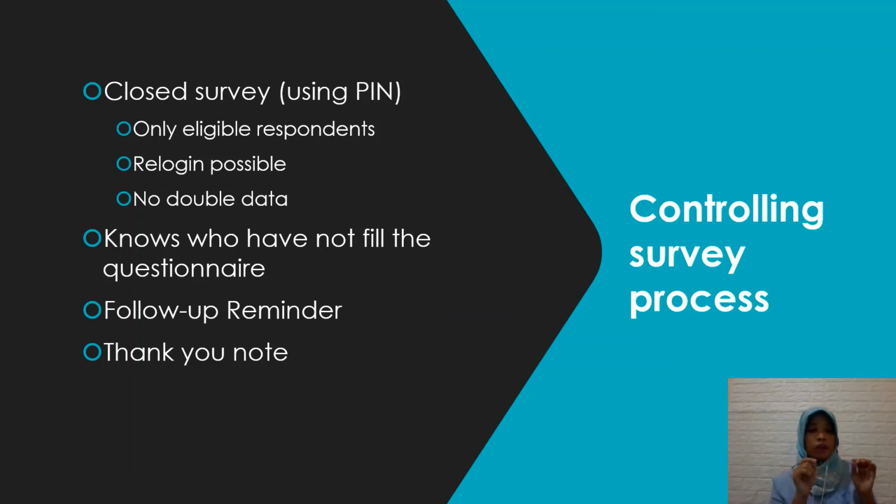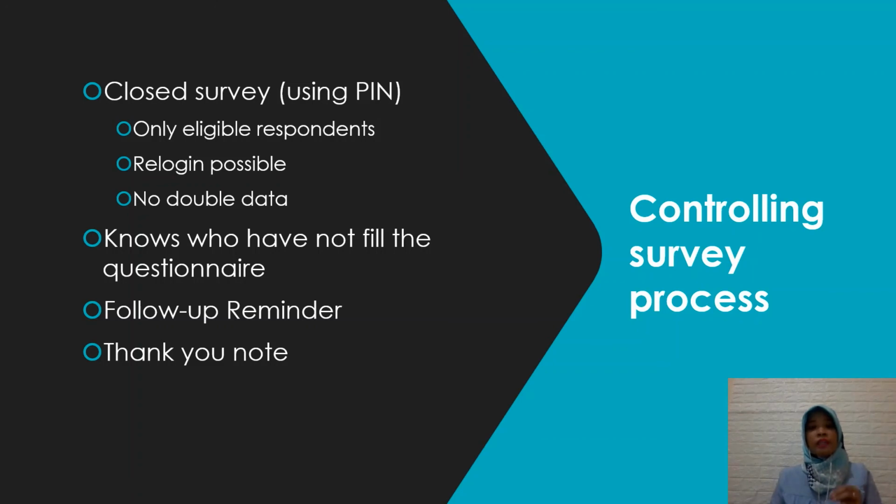Also, using a password or a unique identifier number, you will know who has not filled out the questionnaire, so you can contact them: please fill out the questionnaire, because we have not seen your identifier number in the data.